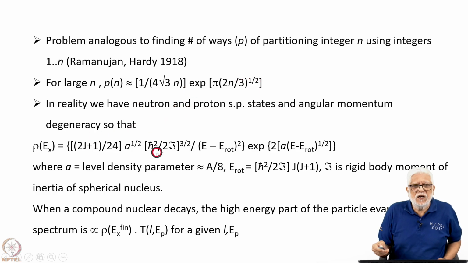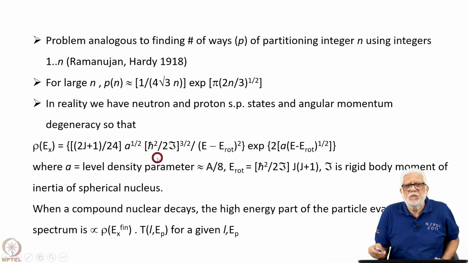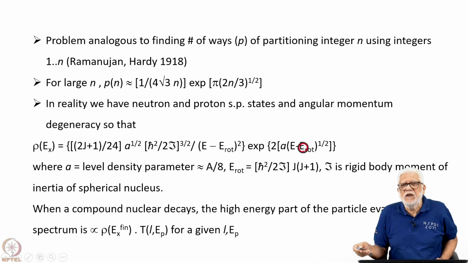And in fact, this kind of approach was adopted by Bethe in his paper. He quotes this paper of Ramanujan and Hardy, and you can get a level density which is proportional to some 1 by E minus E rotational squared, but the leading dependence comes from the exponential times the prefactor times the square root of E minus E rotational.